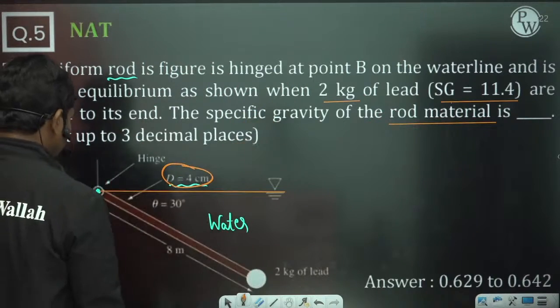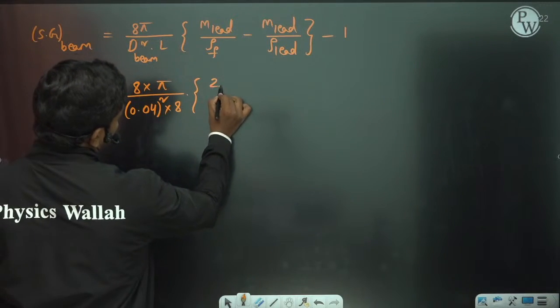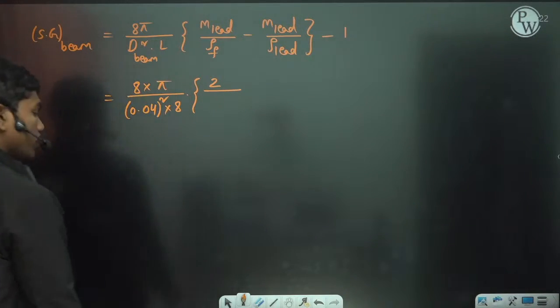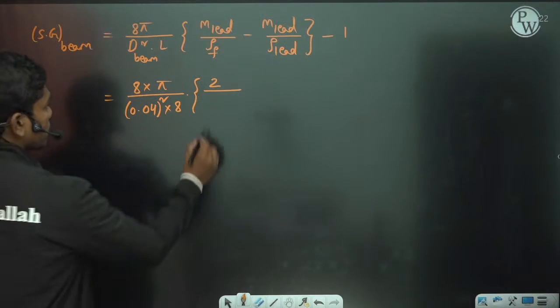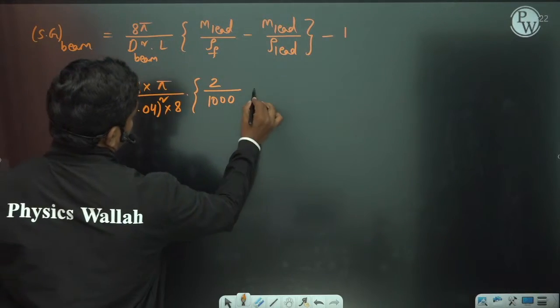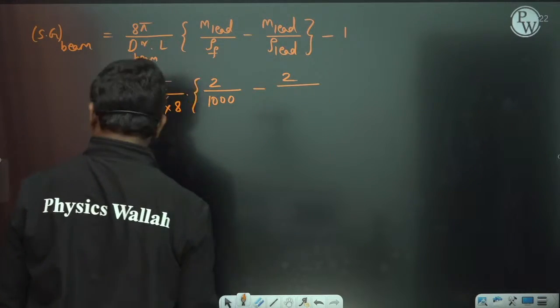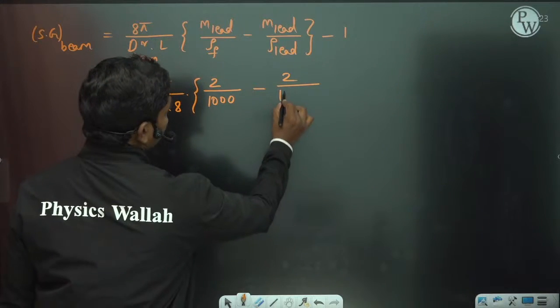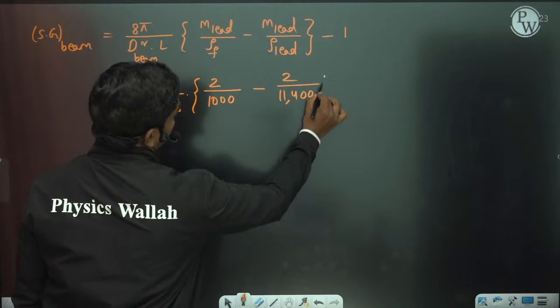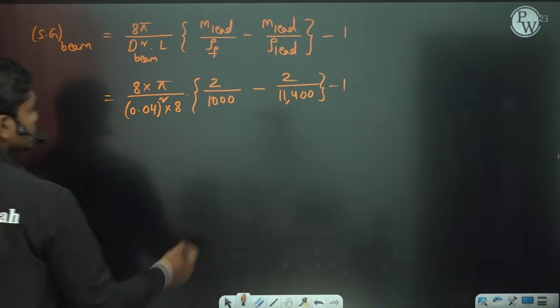So 2 kgs divided by the density of fluid. This is water, so let us take the water density, which is 1000, minus 2 divided by the density of lead. Specific gravity is 11.4, so density is 11,400. This value minus 1. Let us simplify this, you will get the answer.